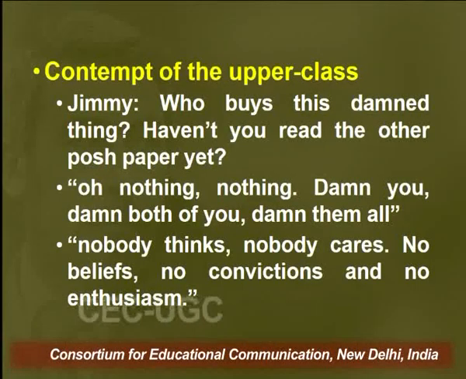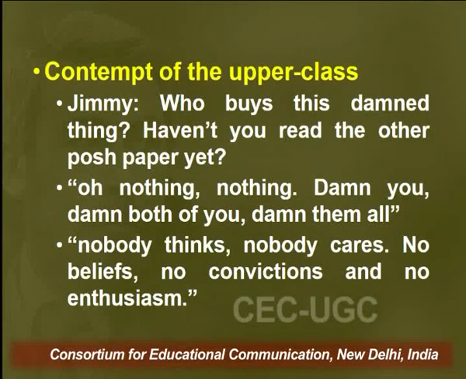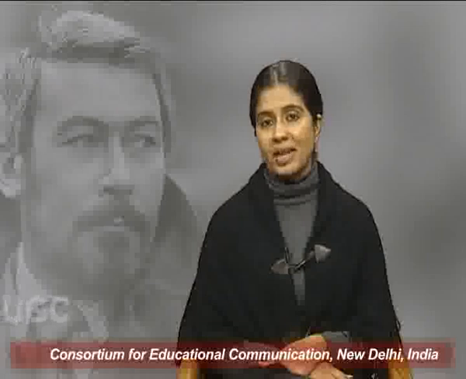And at another point of time in the play, he is discussing something with his wife, Alison, and he makes this remark, "Oh, nothing, nothing. Damn you, damn both of you, damn them all," unquote. So, damn you, of course, refers to Alison. Damn both of you, the second person over there is Cliff, and damn them all, them over there refers to the section of society to which Alison belongs, that is the upper classes.